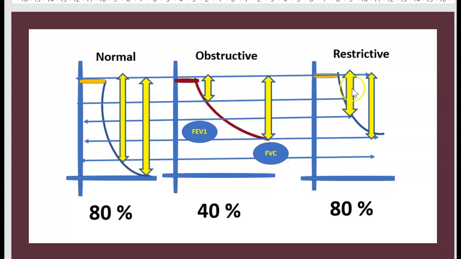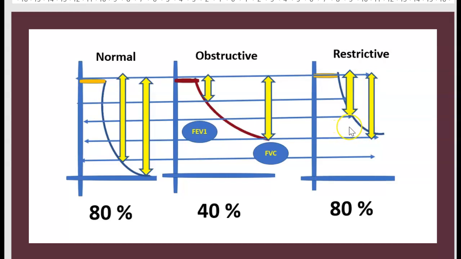In a restrictive disease, FEV1 over FVC is normal. Why? Because the FEV1 and FVC diminish in the same way.